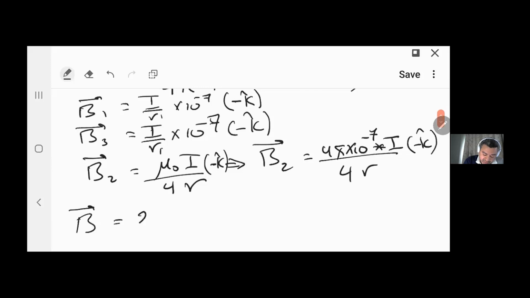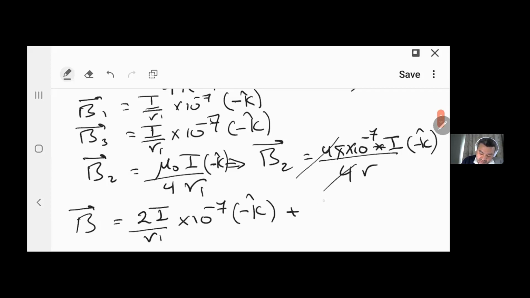So I have 2I over R1 10 to the power minus 7 minus K hat plus pi I over R1 10 to the power minus 7 also minus K hat.